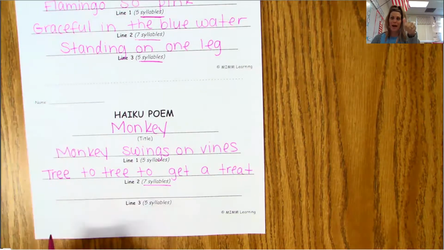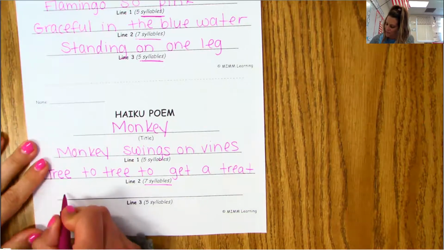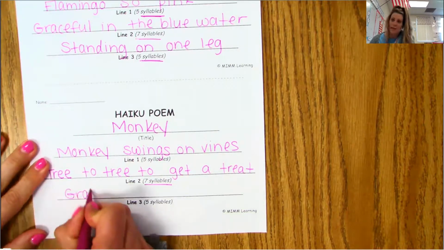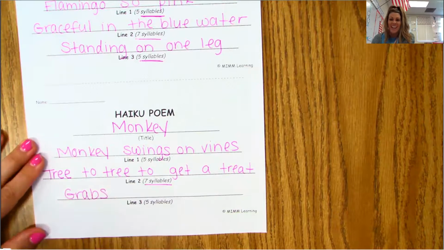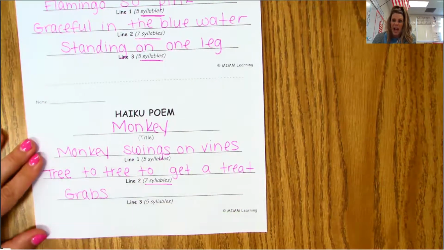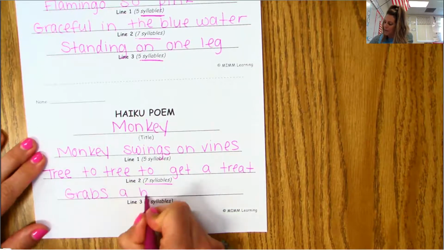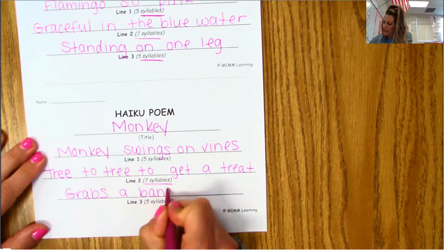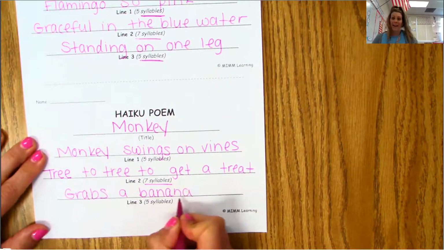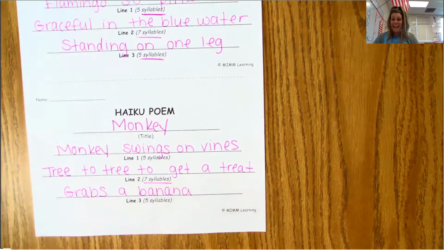Grabs, maybe grabs. Grabs a banana. Yeah, 5. To see how sometimes I have to think of 2, and then I switched out my words. I like grabs better. Grabs a banana. Okay, so that is a haiku poem.